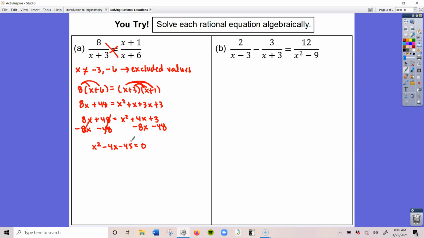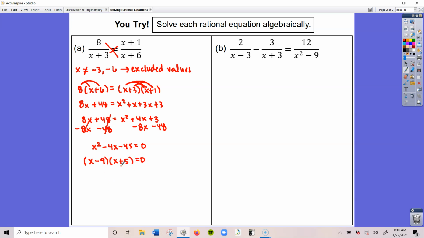The two numbers that would multiply to give me negative 45, but add to give me negative 4, would be negative 9 and positive 5, since negative 9 times 5 is negative 45, and negative 9 plus 5 is negative 4. So my factors would be x minus 9, x plus 5 is equal to 0.